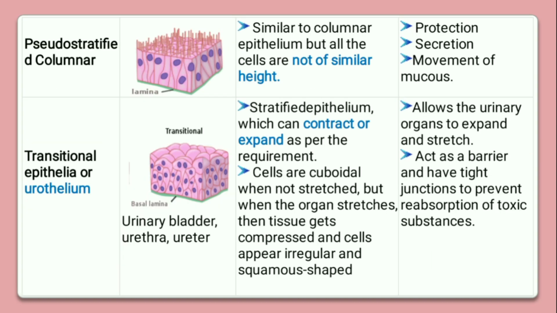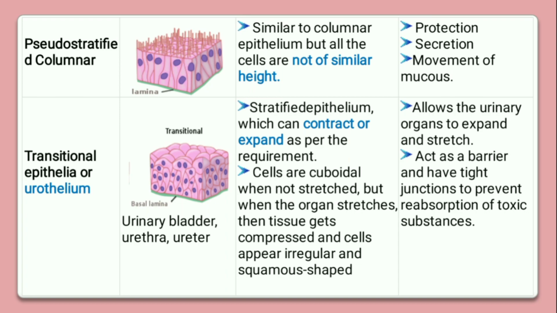Now let's see pseudostratified columnar. Now pseudo means misleading. So this columnar epithelium looks like a stratified tissue. That's why the name is pseudostratified columnar. Here you can see the green one is the basal lamina. On this, the cells are arranged in columns, right? And these cells look like they are stratified, but they are not stratified.